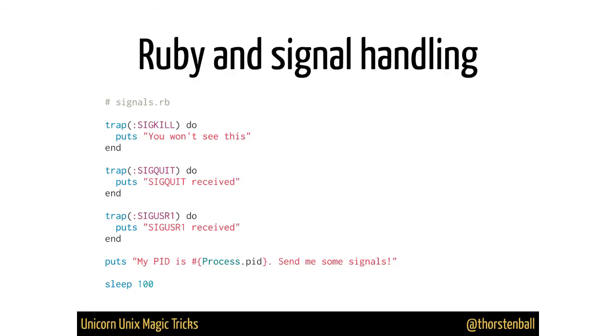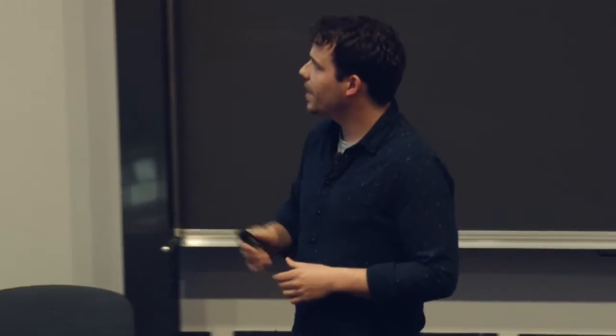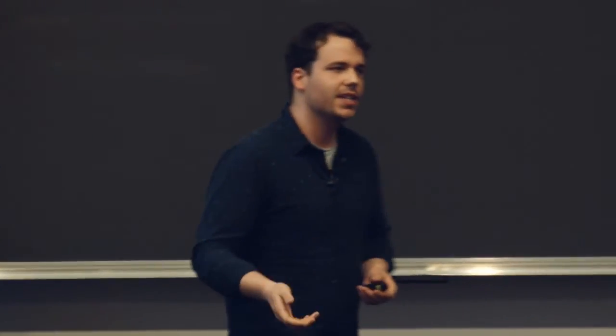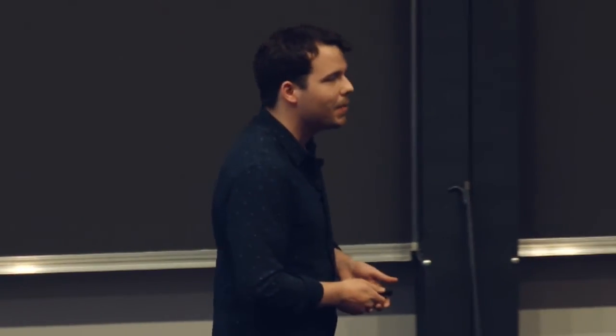Again, using this in Ruby is easy. We just call trap to trap a signal. And we call trap and pass it a block. And this block is going to get executed as soon as we receive the signal. If we're going to receive the user signal, it's going to print user 1 received. And at the end there, we're printing our own process ID so we can send signals to it, and then we're going to sleep for 100 seconds so we have time.